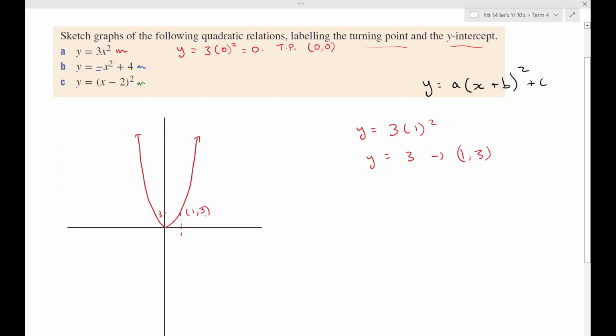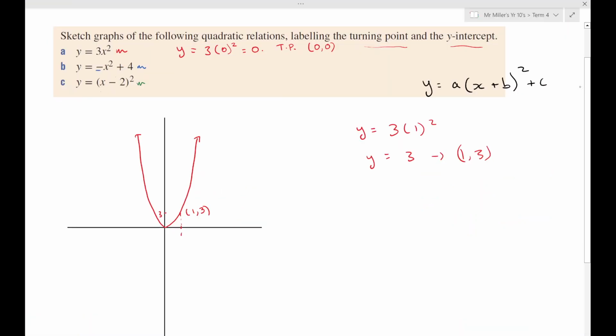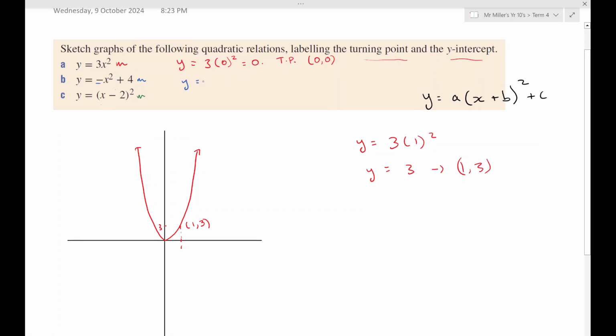So it's not just a sketch with no meaning. Anyways, b. Let me get my blue pen out. y is equal to -x squared plus 4. Again, I'm just going to find the y-intercept first. That's going to be when x is 0. Well, that's just going to be 4.